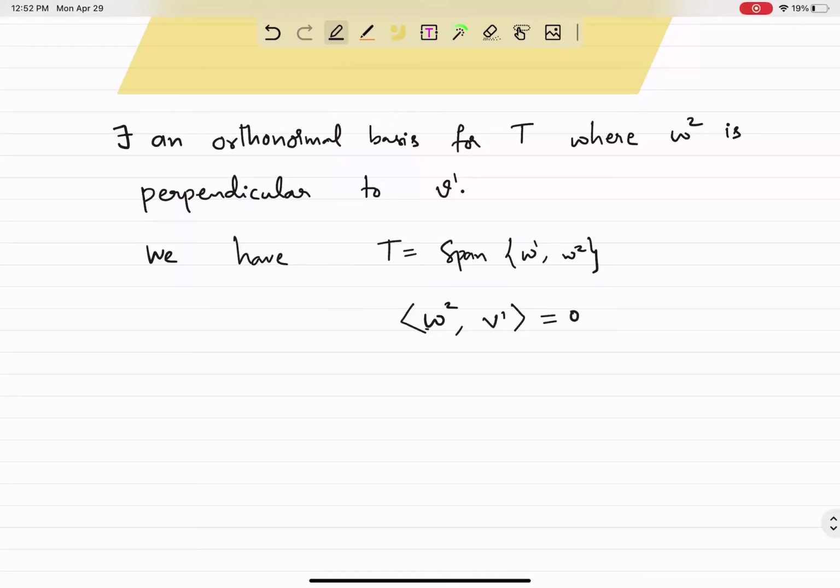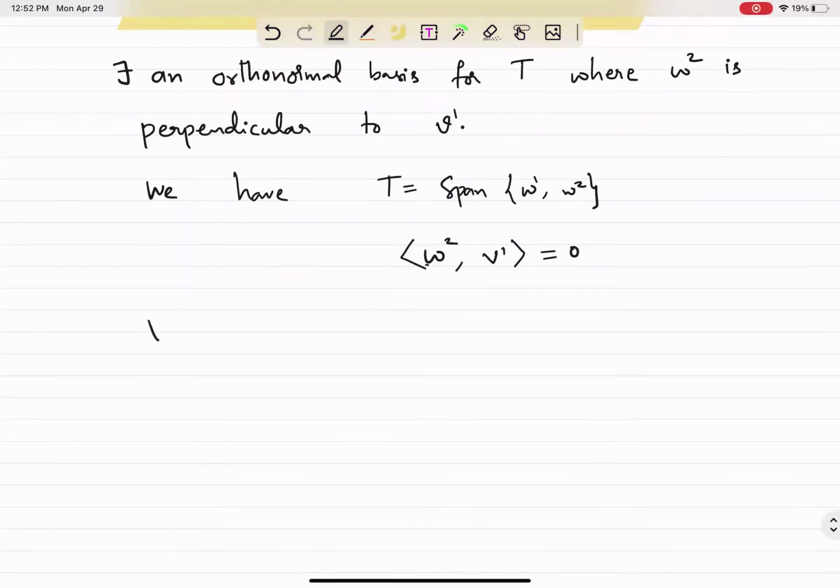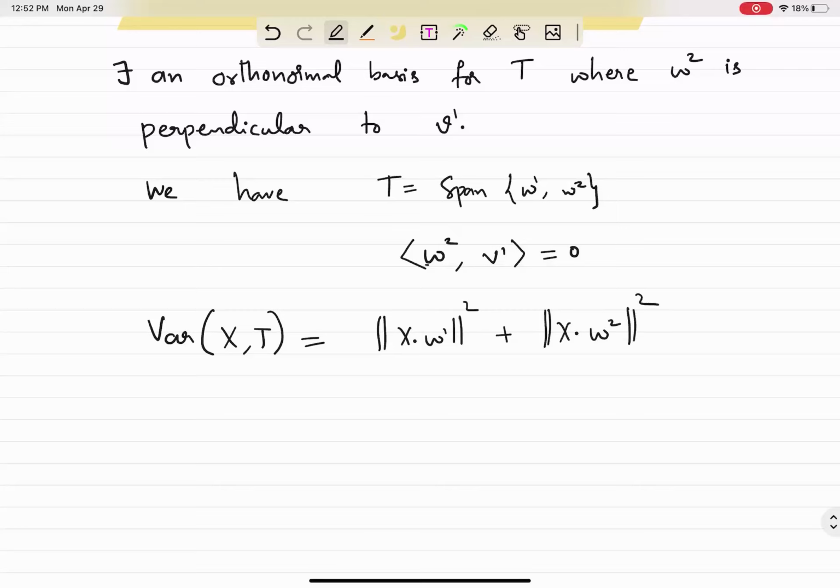So we can redo the calculations. By the same calculations, this is true. And by the definition of the first principal component, we must have this.